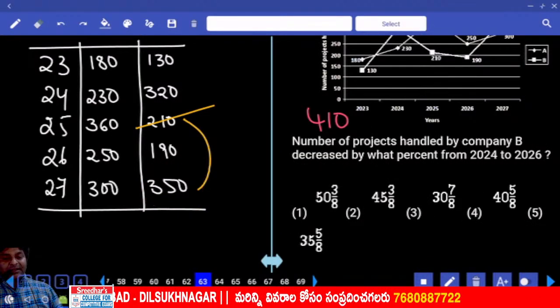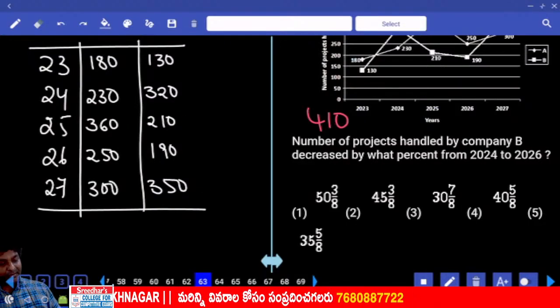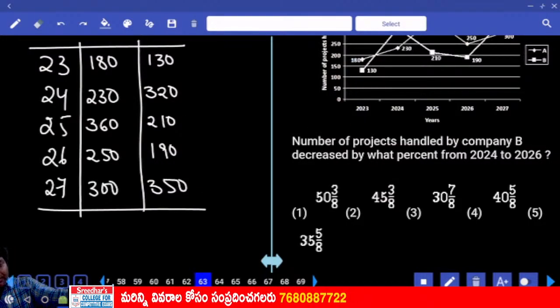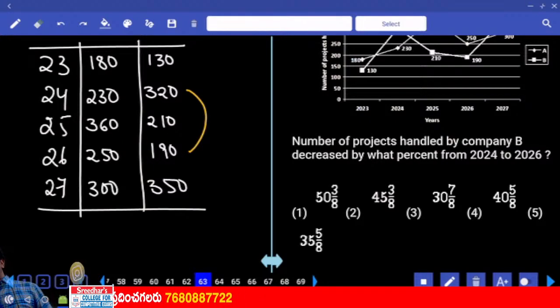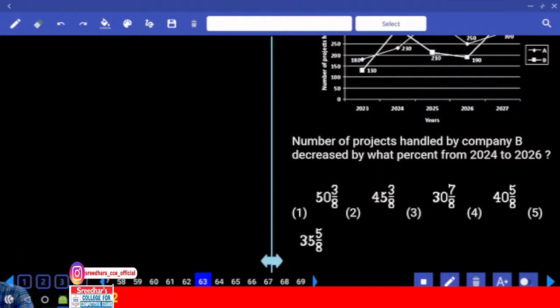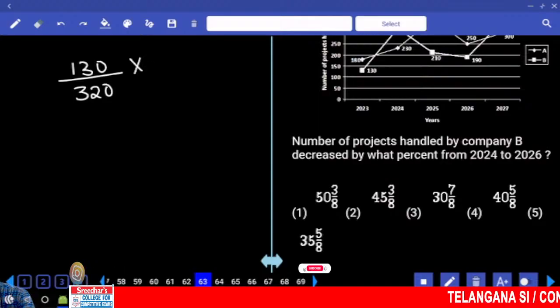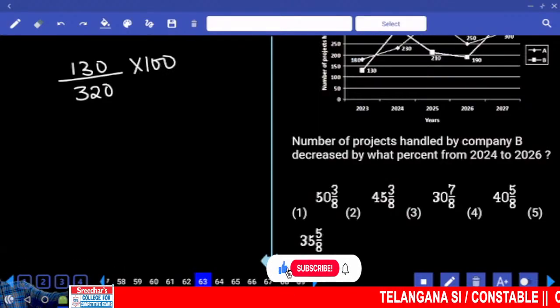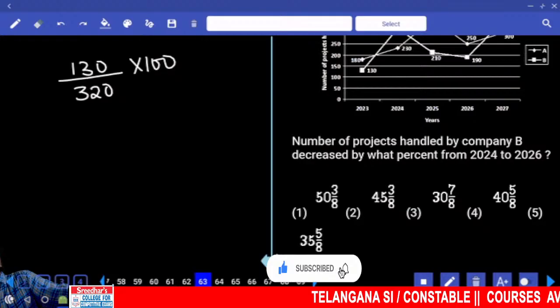The number of projects handled by B decreased by what percent from 24 to 26? 320 became 190, decreased by 130. 130 decreased from 320. Percentage: what is 10% of the denominator? Double.